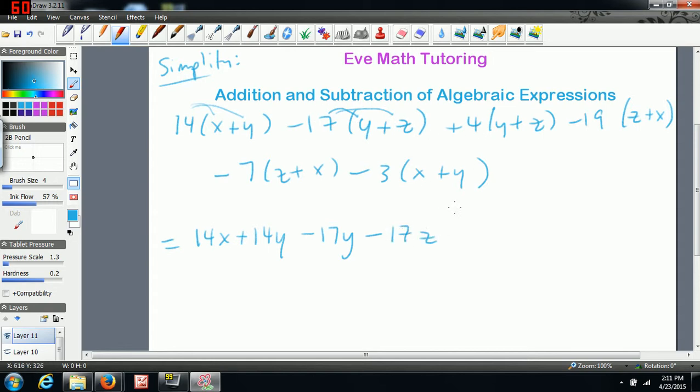Over here you've got 4y, so plus 4y, and then 4z, so plus 4z. And then over here you've got negative 19z, and then you bring that in and it becomes negative 19x. Continuing on, negative 7z, and then the negative 7 applies there. And here this becomes negative 3x, and then finally negative 3y.